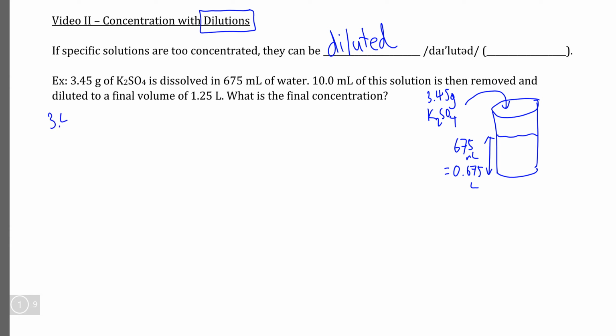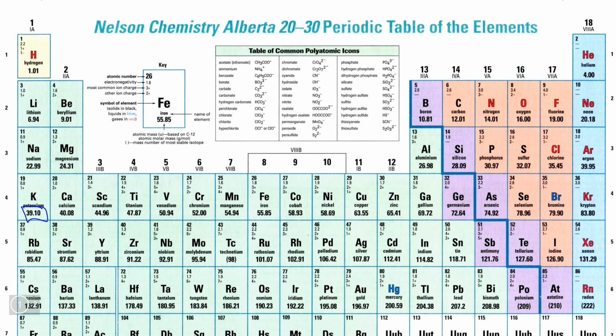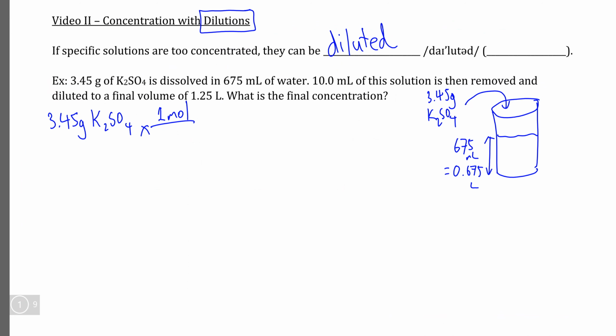The problem, as with the previous video, is that our initial solute is given in grams rather than in moles, so we'll need to find the molar mass of potassium sulfate in order to divide by it to convert to moles. So if we go to our periodic table, we see the mass of potassium is 39.1, the mass of oxygen is 16, and the mass of sulfur is 32.07. If we add those numbers together, 39.1 times 2 comes to 78.20.